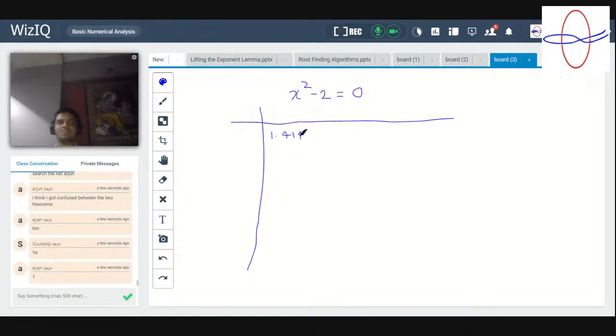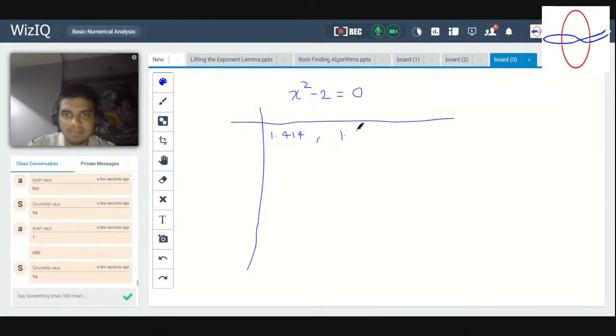Between 1 and 2 it will actually take a lot of iterations. So the closer you are to the root, the better. So if you know, for example, that it is 1.414 something, I would suggest starting just with 1.414 and 1.415 or something, right? So the next number then that we'll be looking at is the mean of this, that is 1.4145.